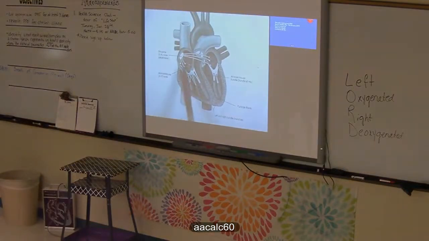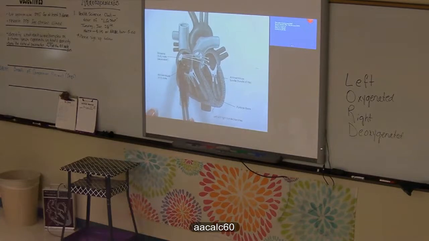So you can see the SA node sends it out through the atria, it hits the AV node, it goes to the bundle of His, through the bundle branches, and then you have the Purkinje fibers there.